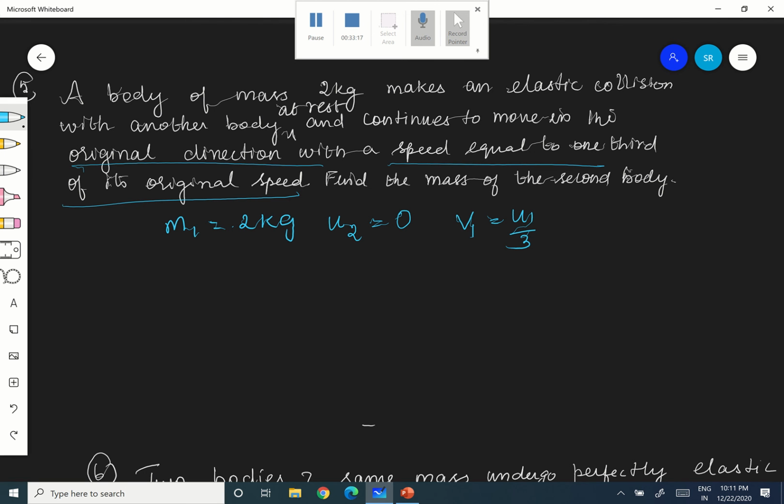The first body has initial velocity U1, and after collision it moves with 1/3 of its initial velocity. Therefore, V1 is equal to U1 by 3. These things are given. Find the mass of the second body. Therefore, what is asked is M2, equal to what?